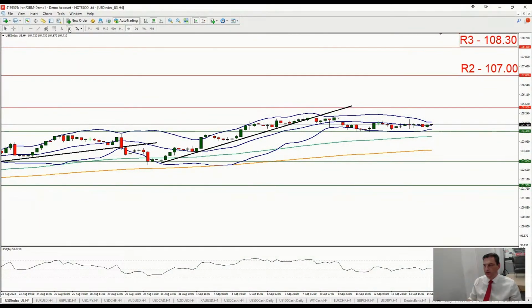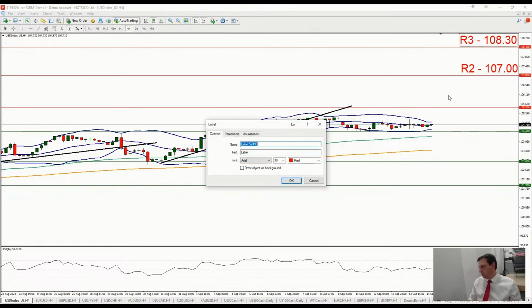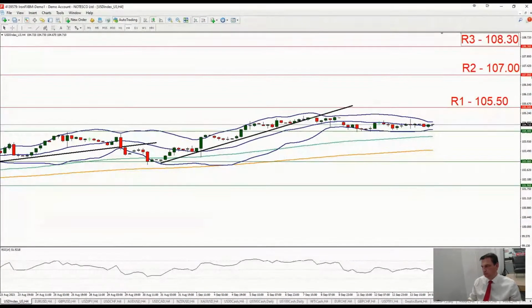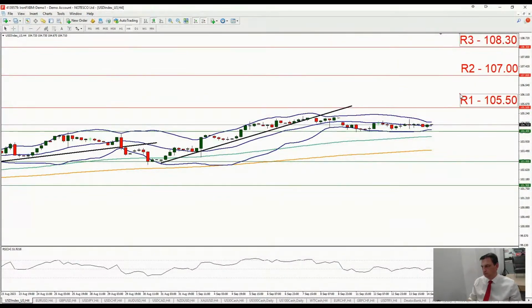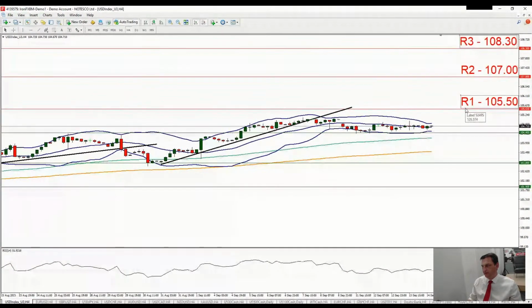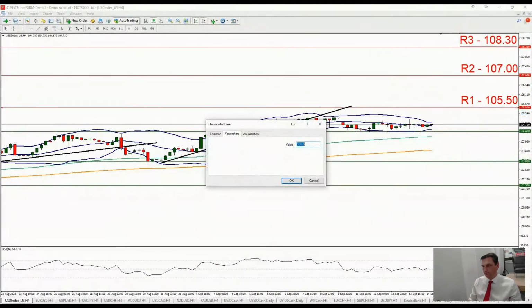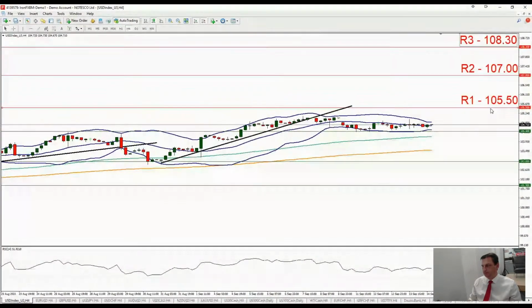The R1 at 105.50. Let's verify that. Yep, that's clear.